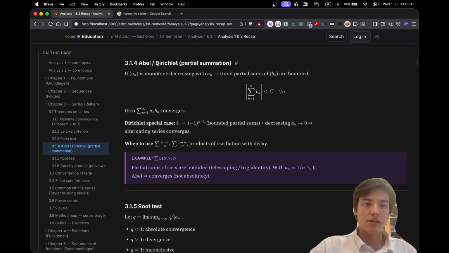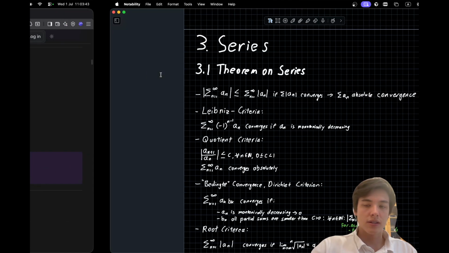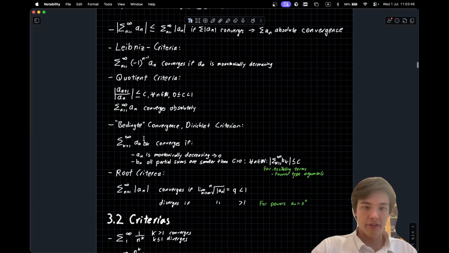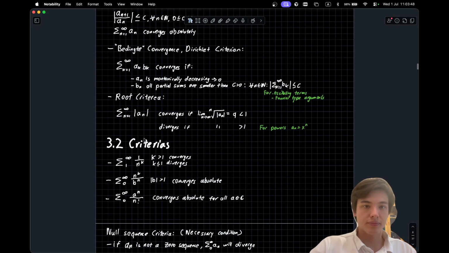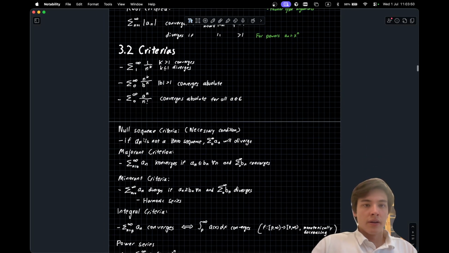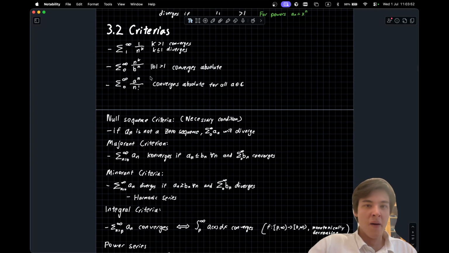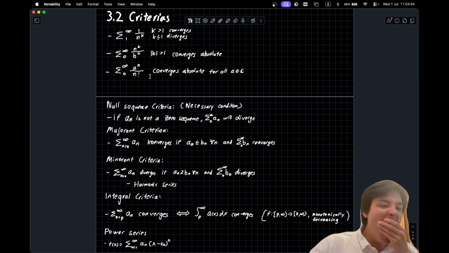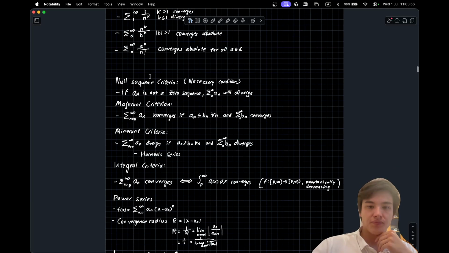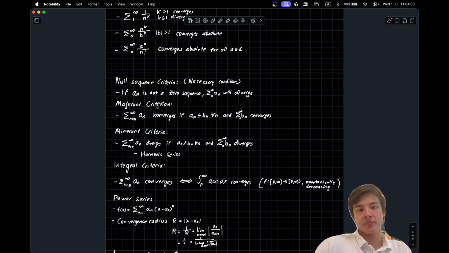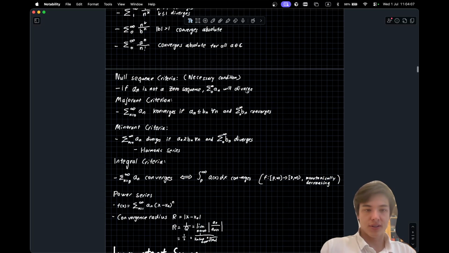What is this? Dirichlet. We cover everything here. I mean, this one, if it doesn't go to 0, then it diverges. That's clear.